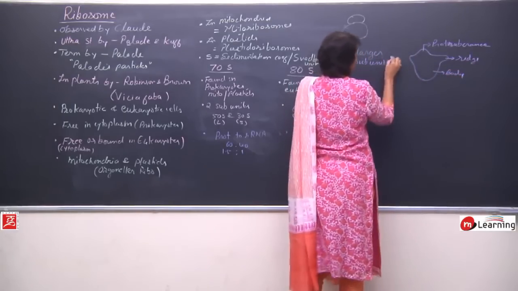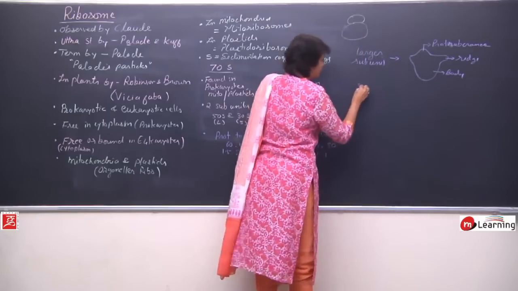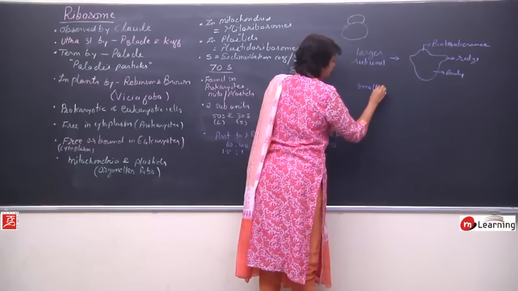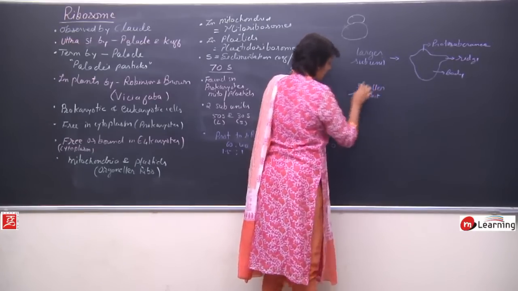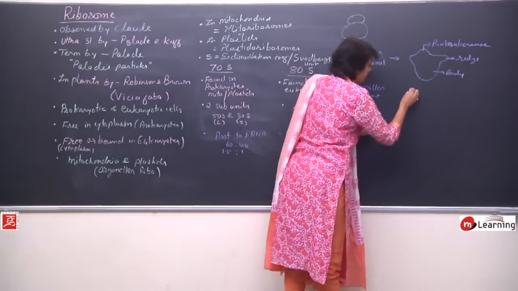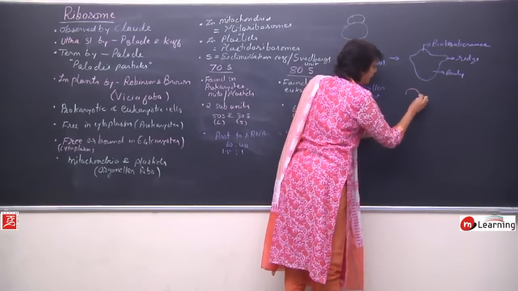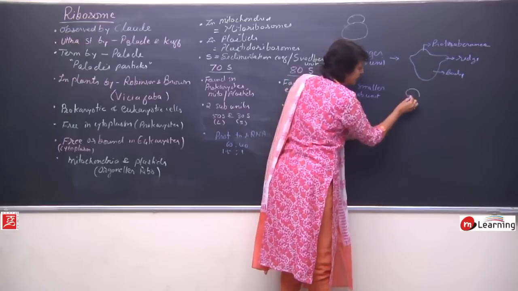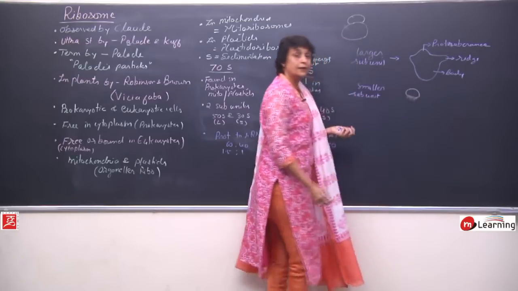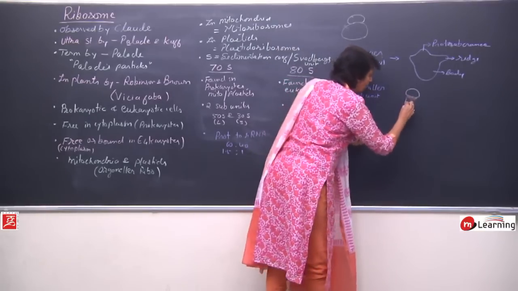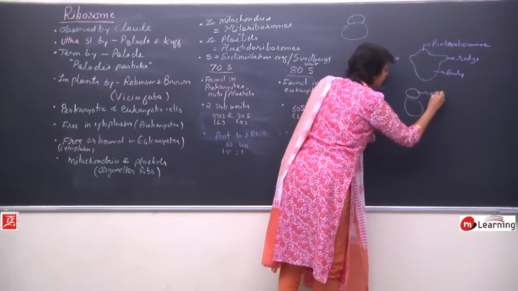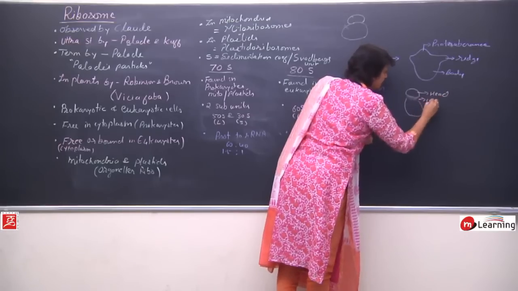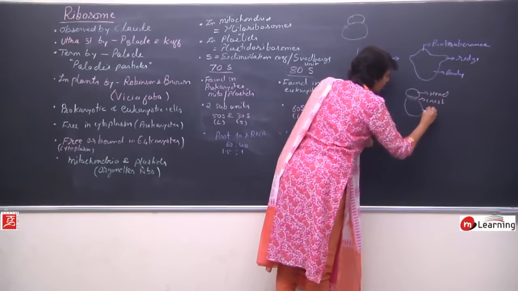This is the larger subunit. The smaller subunit has a head-like part, then a depression here, which is known as the crest, and a body.